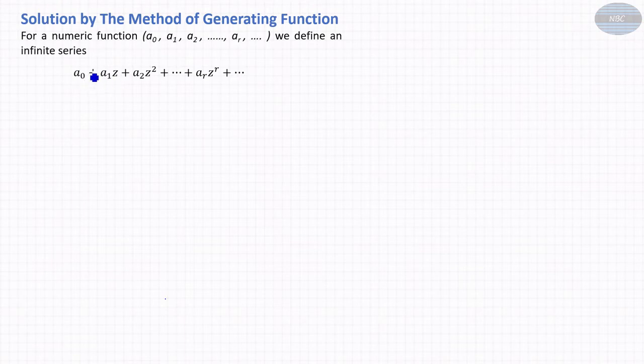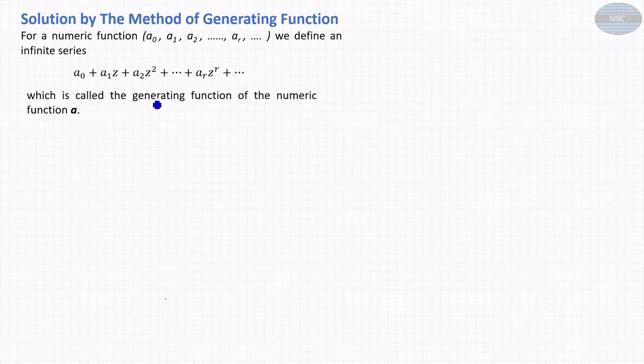It is a0 z to the power 0, that is 1, plus a1 z to the power 1 plus a2 z to the power 2 and so on, up to ar z to the power r plus and so on. It is an infinite series which is called the generating function of the numeric function a.